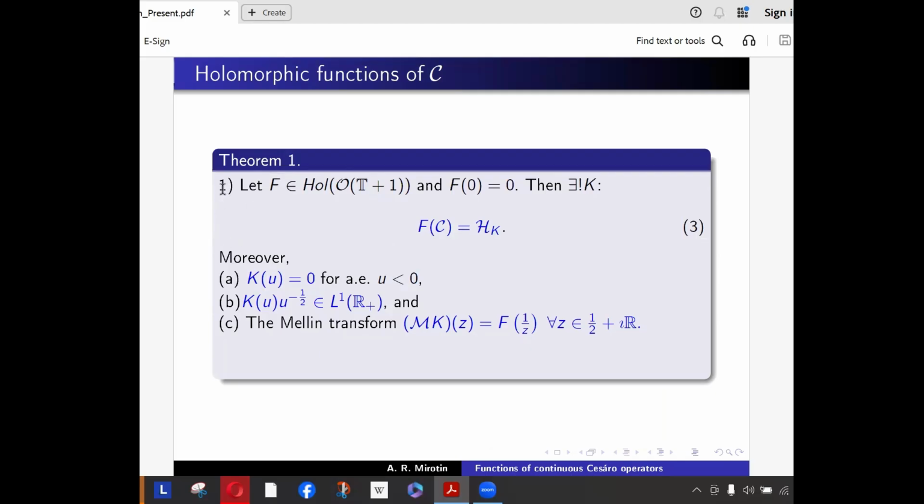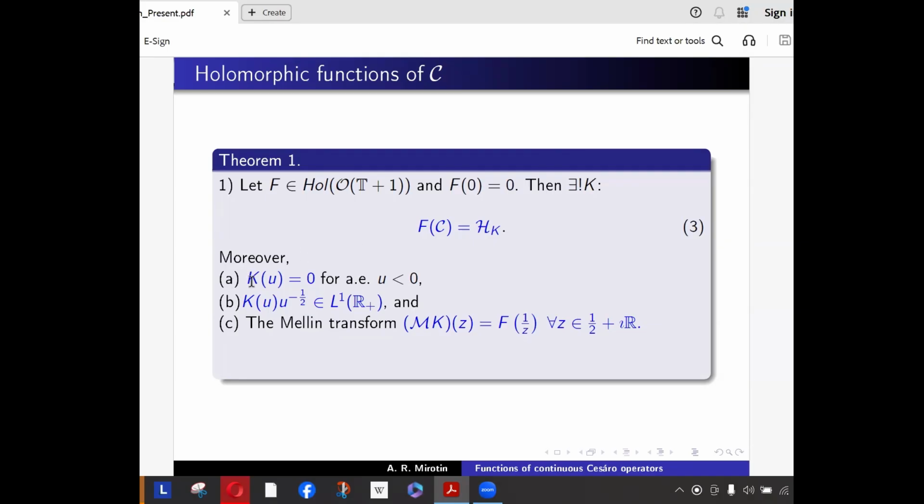The first statement is the following: if F is holomorphic in some neighborhood of the spectrum, the circle T plus 1, and F of 0 equals 0, then there is a unique kernel K such that F of C, in the sense of holomorphic functional calculus, equals HK, the one-dimensional Hausdorff operator with the kernel K. Moreover, K satisfies the following three conditions.